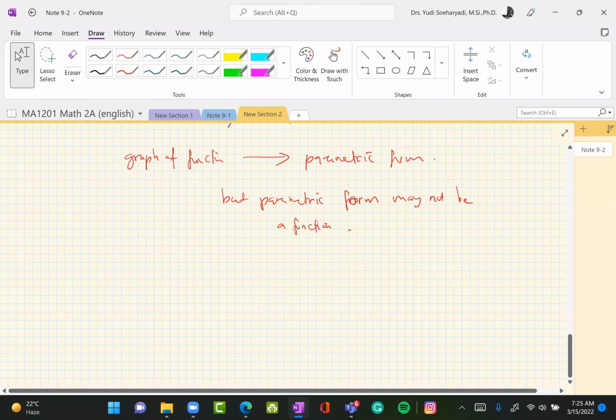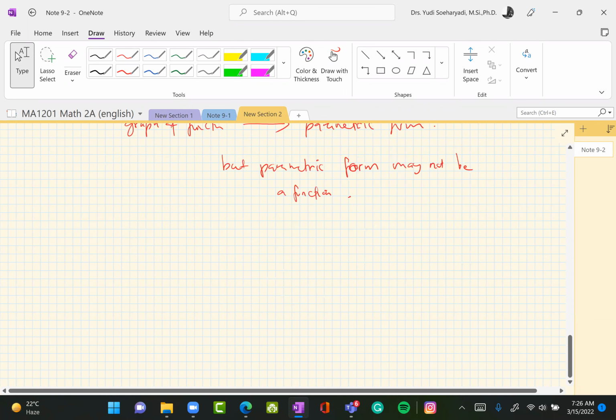Okay, and once you have a parametric form, it's easy to make a curve in space. In space now, not in the plane anymore. It can be extended to a curve in space.